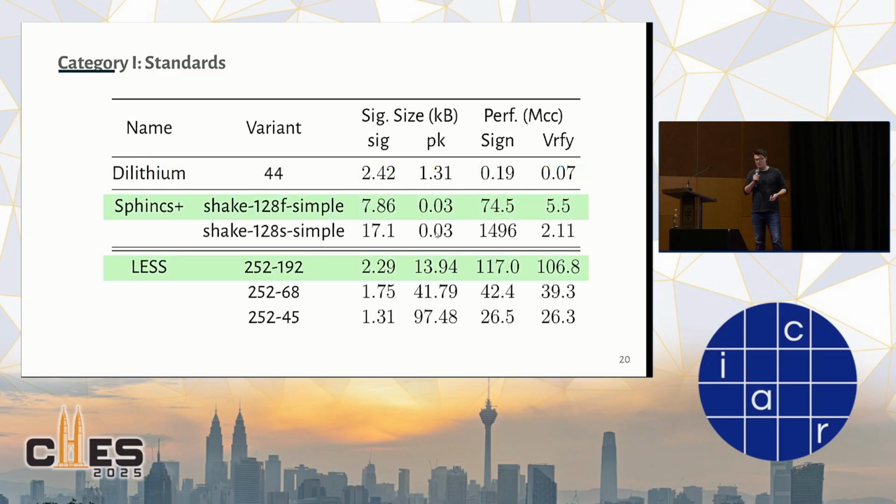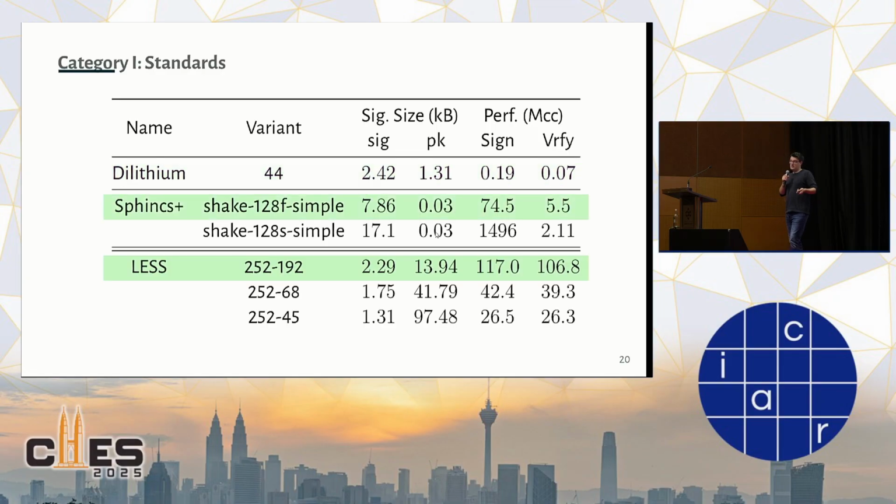So if we compare LESS against Dilithium, you see that we are actually having smaller signature sizes, which is nice. But then the performance numbers, let's put it this way, LESS has no chance, and it's far too slow, and especially the public key sizes are tremendous compared to Dilithium.